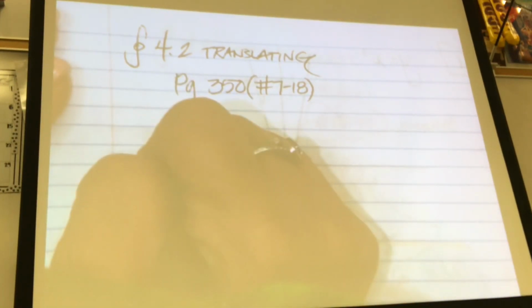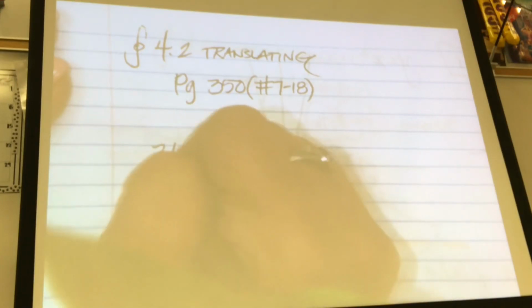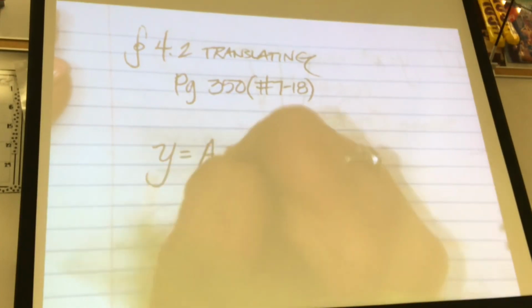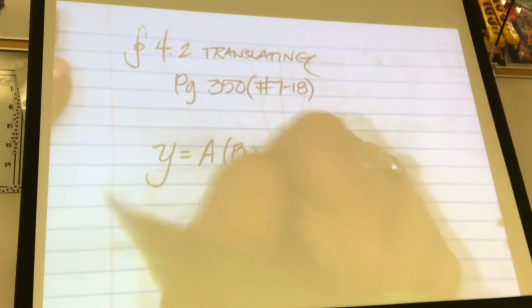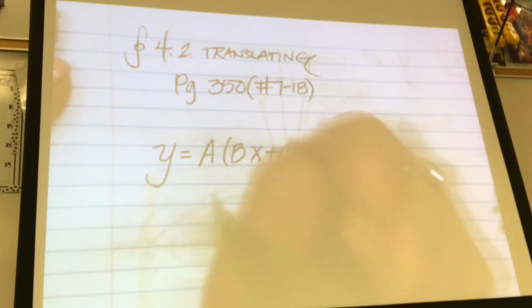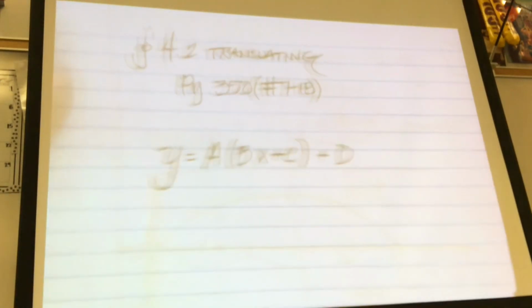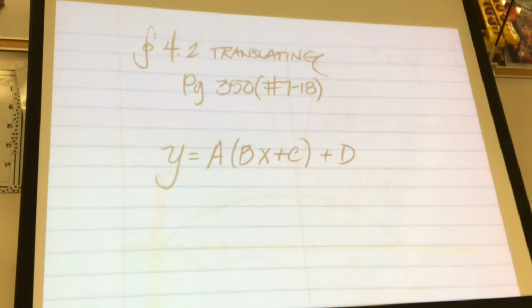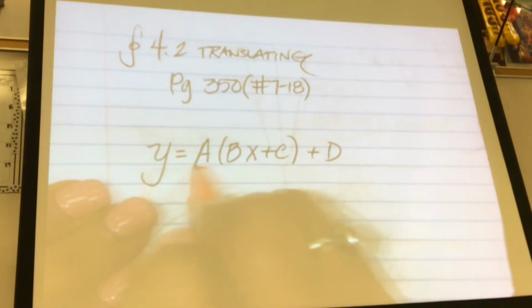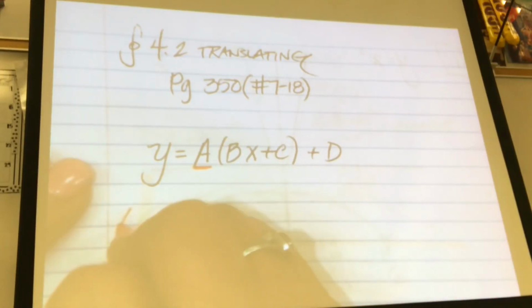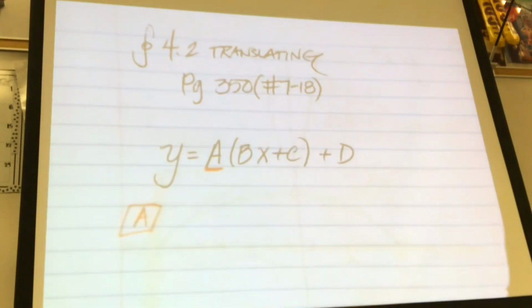When we're dealing with transformations, there are some letters that we use to describe these transformations. We use A, B, C, and D. I'm going to describe what each of these do.